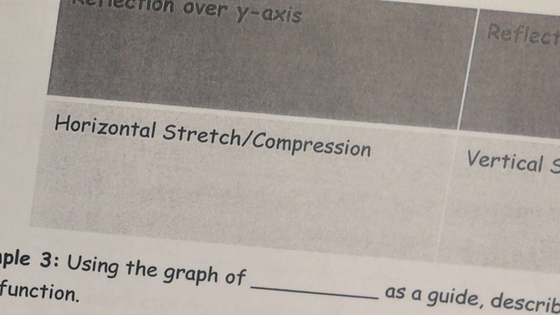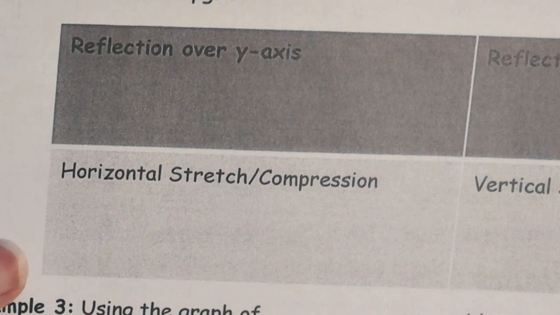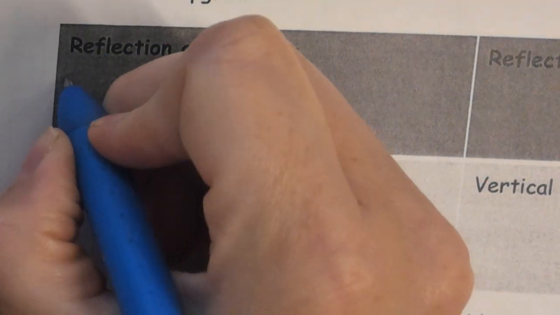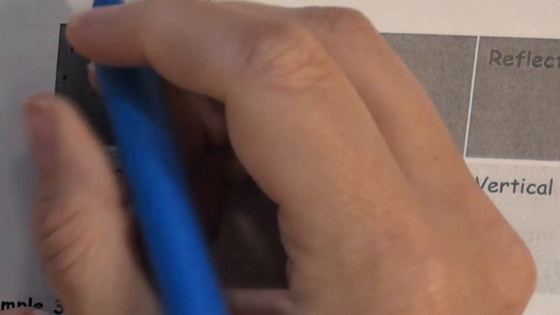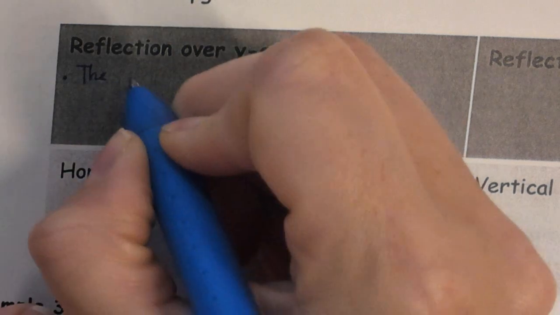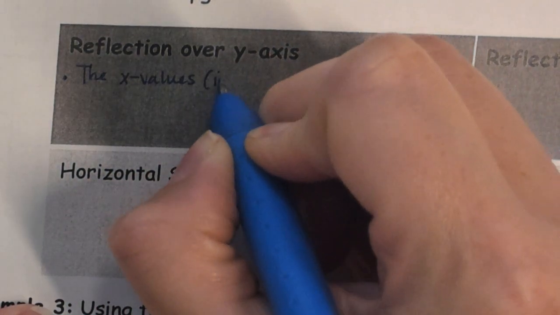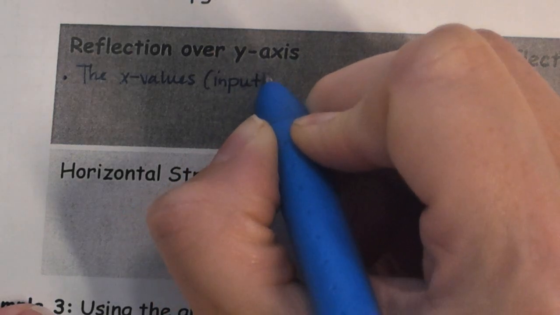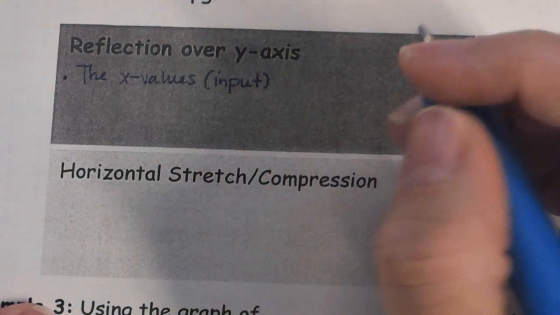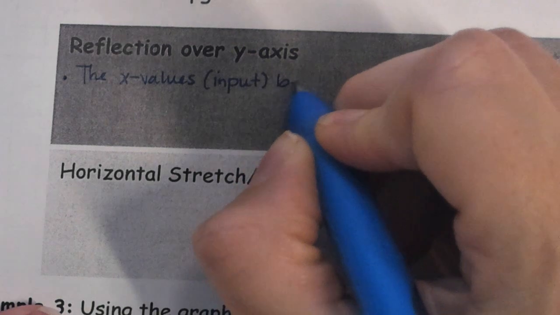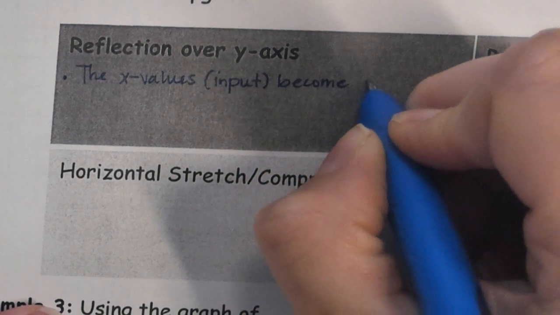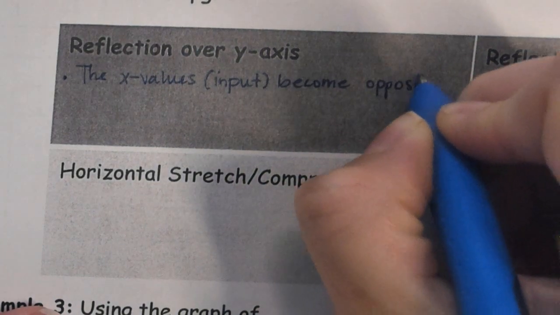Alright, so for the reflection over the y-axis, the x values are what change. Do you guys remember how they change? Yeah, they become the opposite. So the x values, which is the input, they become the opposite.